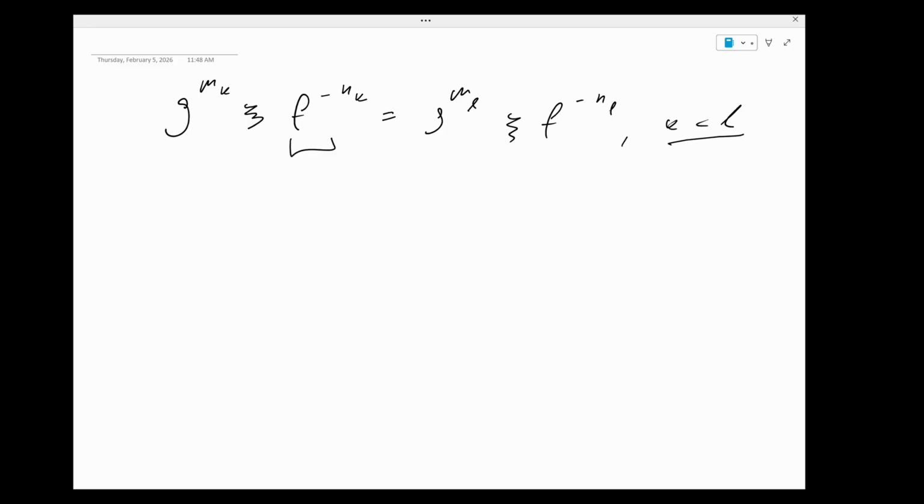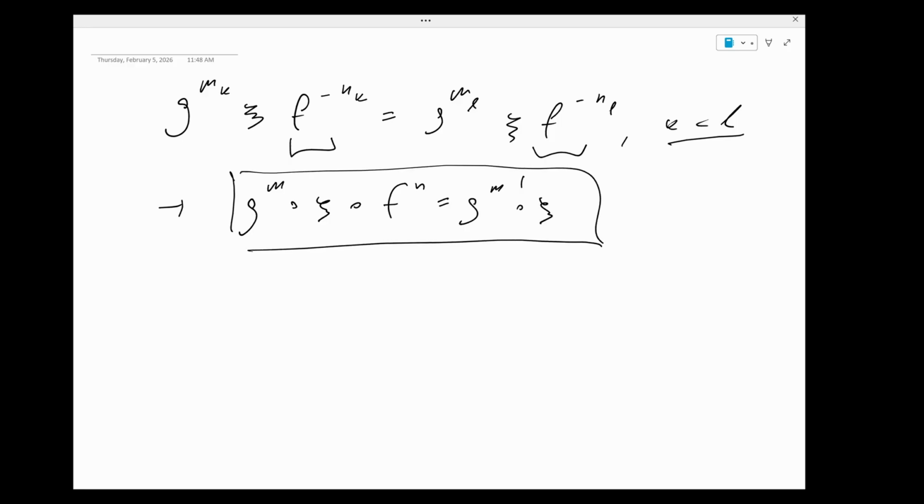And so then we can actually cancel this precomposition. If we were careful enough to start with, we could start with some consistent sequence of preimages, and this implies this equation, C f^n equals g^{m'} C. So this equation holds only on S intersected with U.